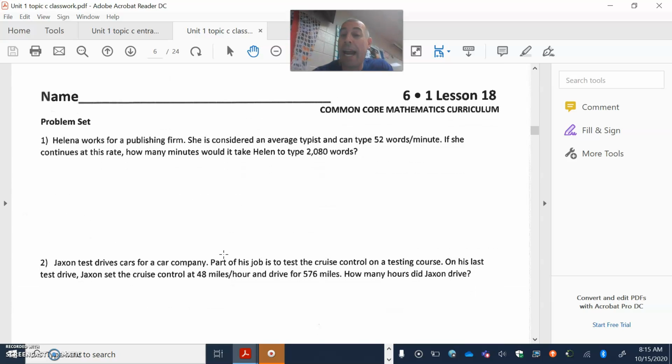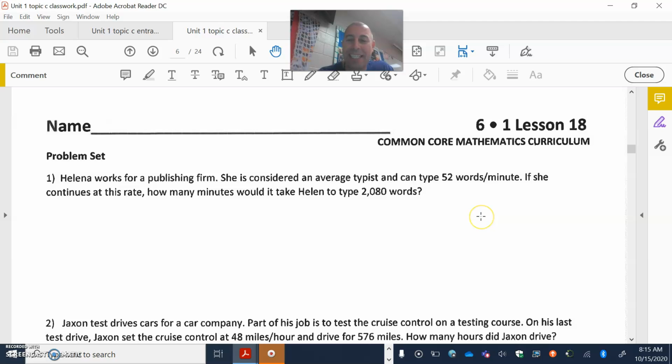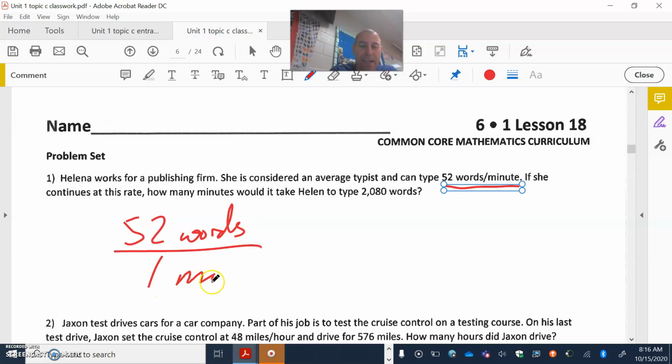We do want to notice here, hey, 52 words a minute. So again, we can see that slash that is there. There's your ratio to get yourself started: 52 words in 1 minute. What we want to stay away from is, yay, we always multiply.